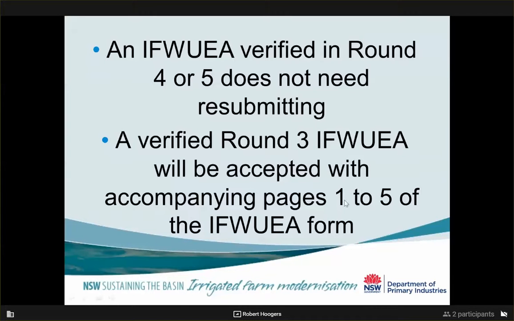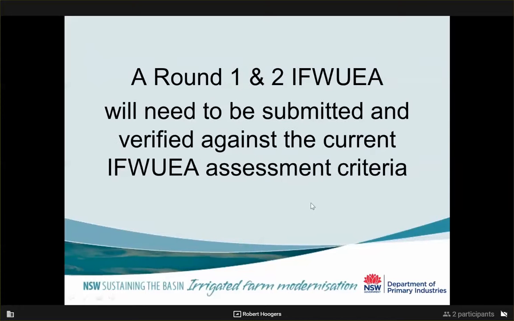So you will need to resubmit the IFWUEA, but only do pages 1 to 5. If you've done a round 1 or 2 IFWUEA, we'll need you to resubmit that completely and fill in the assessment criteria round 4 to round 6 according to the IFWUEA example, if you can please.